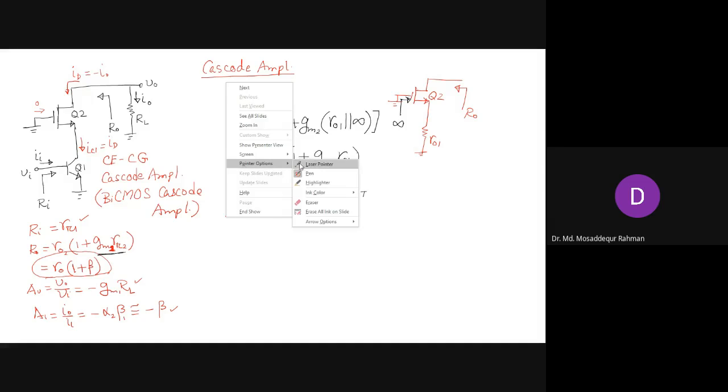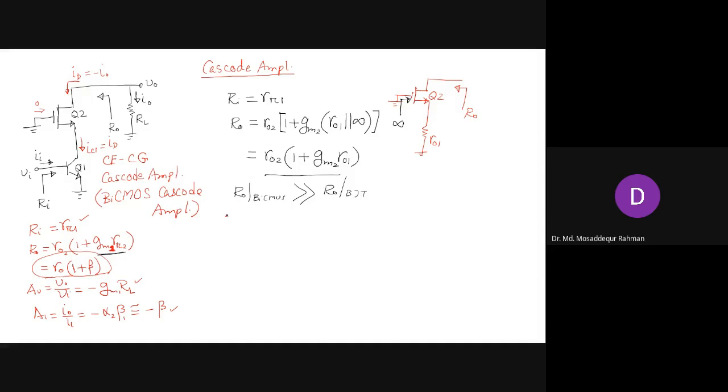V_o is I_o R_L, which is minus I_D R_L, which is minus I_C1 R_L, which is minus g_m1 V_BE R_L, and V_BE is our V_i. So the voltage gain V_o by V_i is minus g_m1 R_L. It's exactly the same, though there is a difference of the factor alpha, but that is very close to 1.